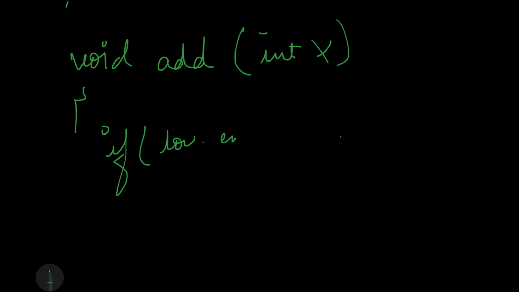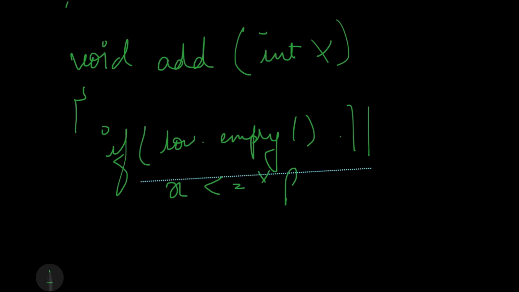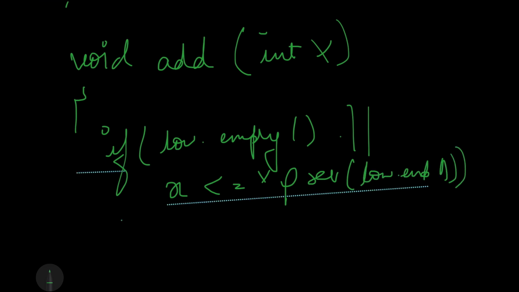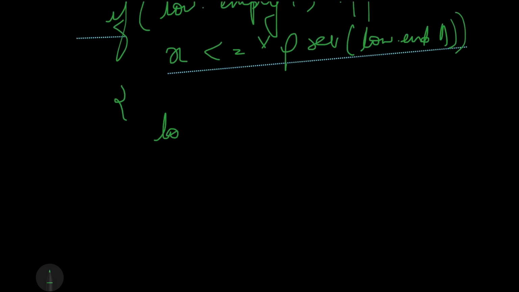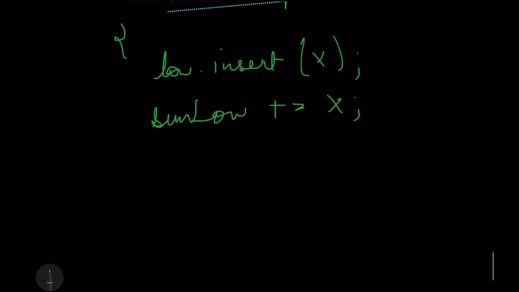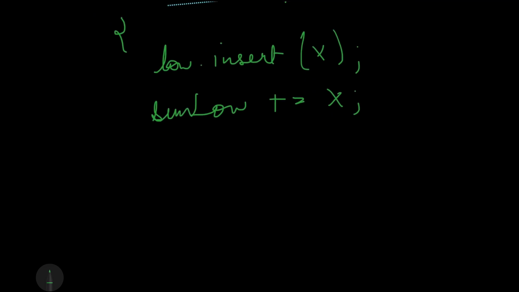That is, if low.empty or if x is less than or equal to the previous of low.end, then low.insert(x).